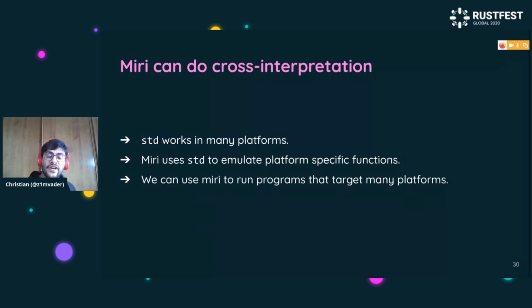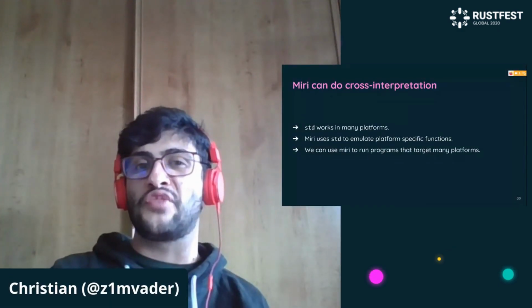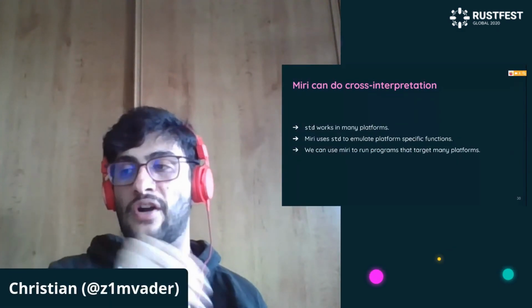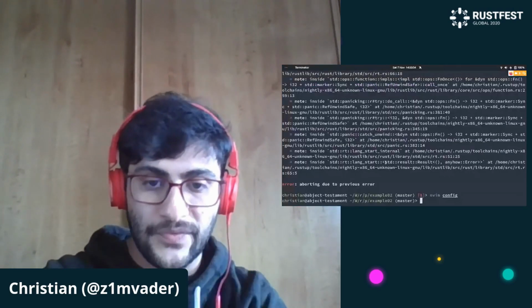So this means that you can emulate foreign functions even if you are not on the platform the program is going to be compiled on. So for example, if you have a program that is supposed to run on Windows, but you don't have a Windows machine, you can use Miri to interpret that program as if it were a Windows program. Let me show you.